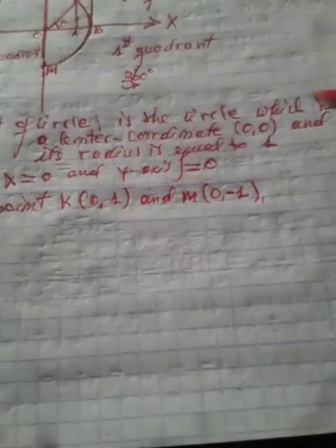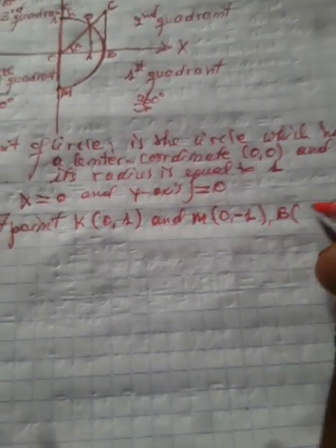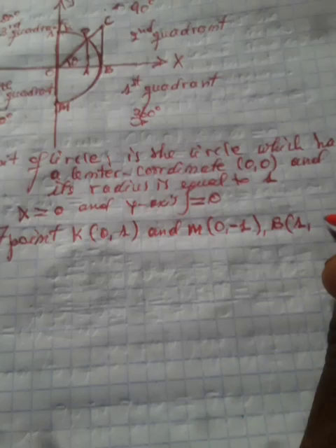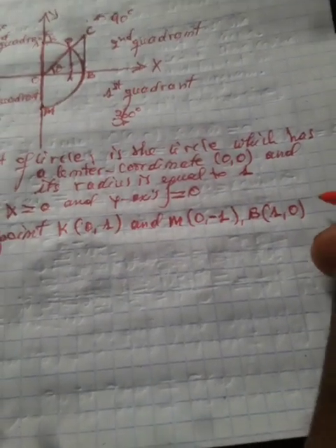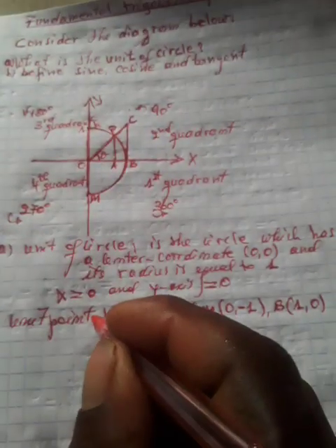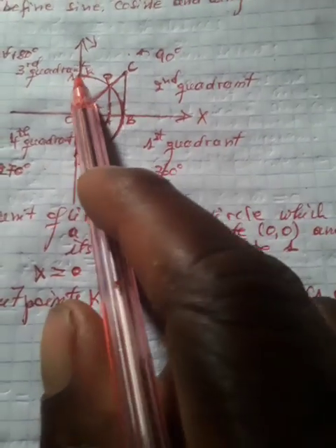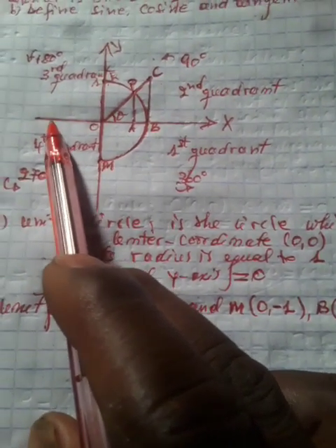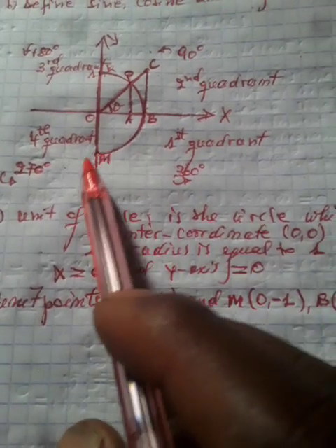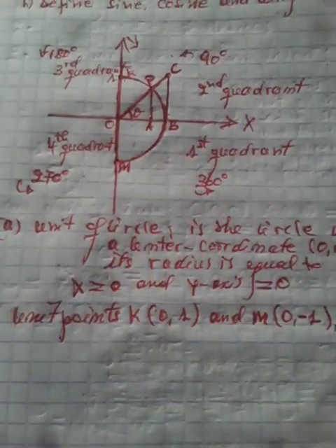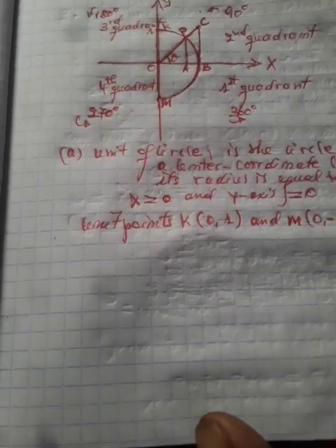Point B has x positive 1. These are the unit points in the unit circle: positive 1 and negative 1 for the x-axis, and positive 1 and negative 1 for the y-axis. This is the unit circle.